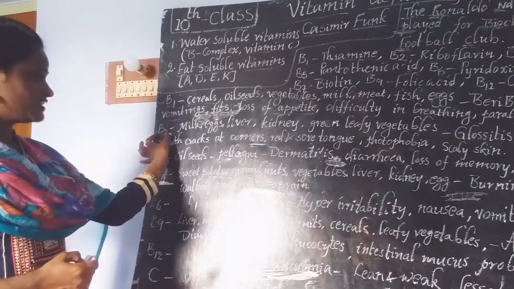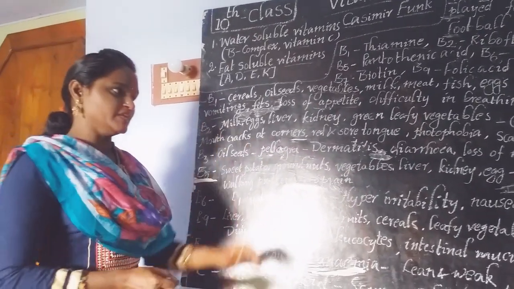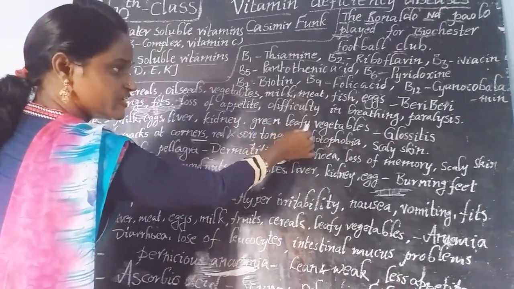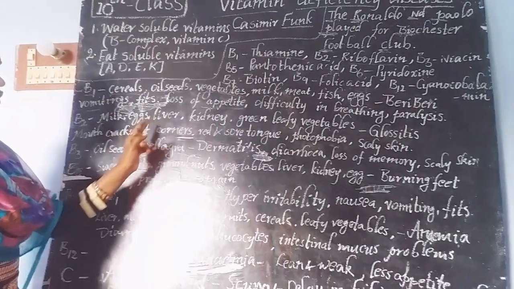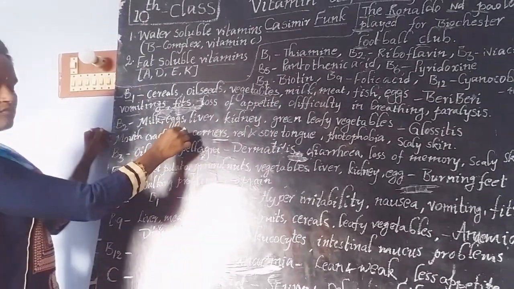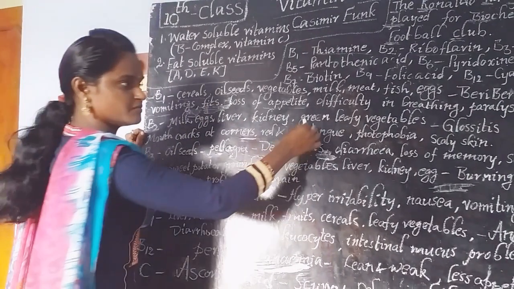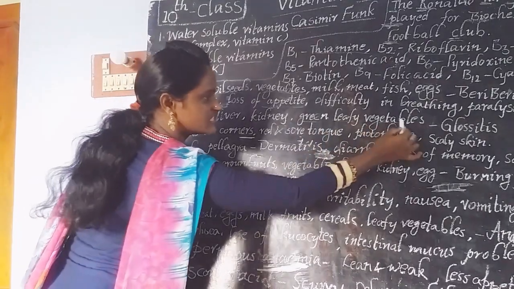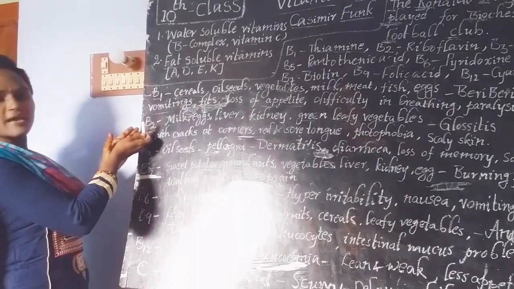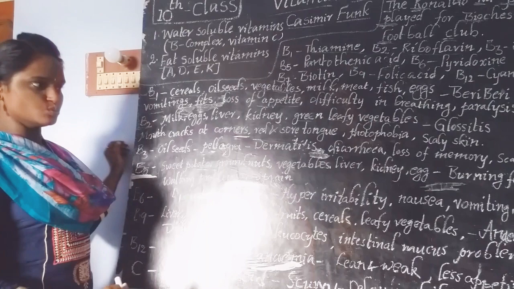If you eat these, you may get rich sources of vitamin B2. And green leafy vegetables. People who don't like non-veg may eat green leafy vegetables and get more vitamin B2.